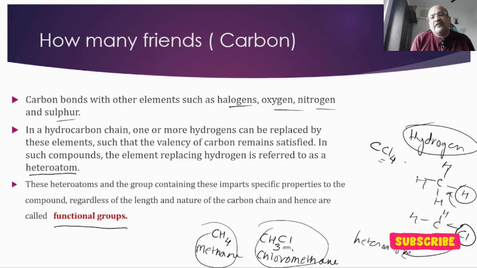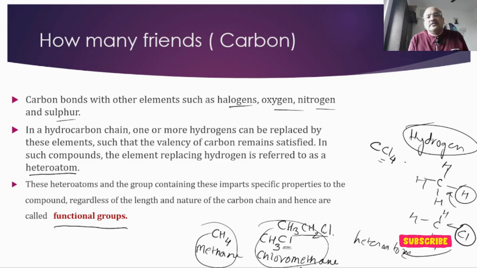So a functional group is attached, and because of the functional group, a specific property is imparted to the compound, regardless of the length. Now what does regardless of length mean? This is my chloromethane. If there is CH3, CH2 and Cl, this is chloroethane, right? So from methane to ethane, chloroethane, the length has increased, but the properties remain the same, which we are going to see in the next topic, homologous series.